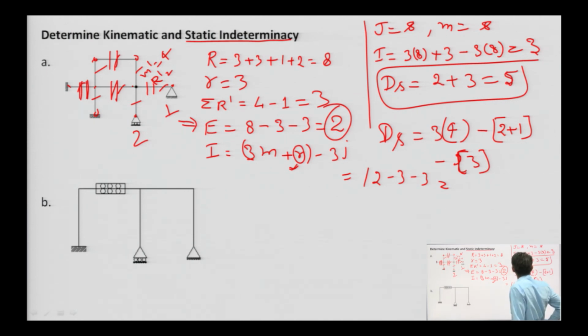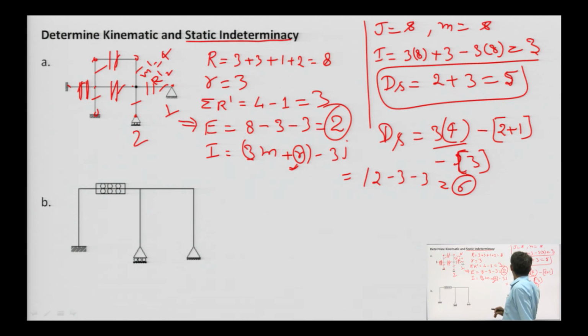Let me check. 3 times 4 is 12, 2 here, 1 here, 3, and capital R 3, that is 6. We will continue in our next class.